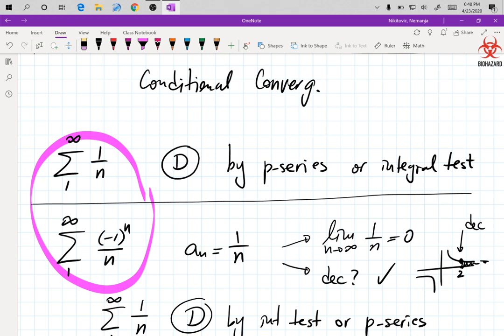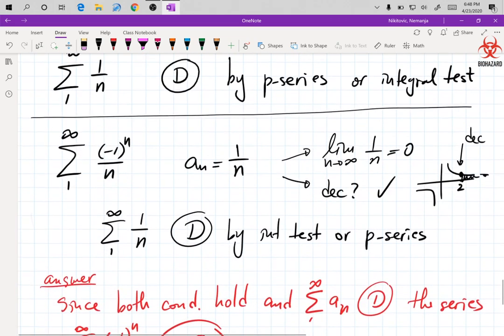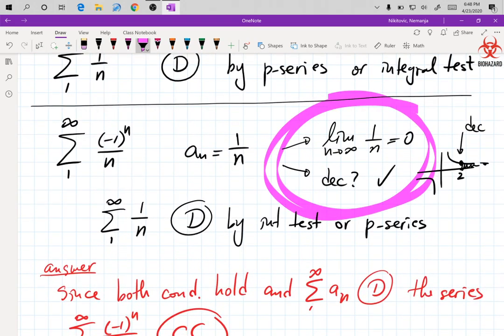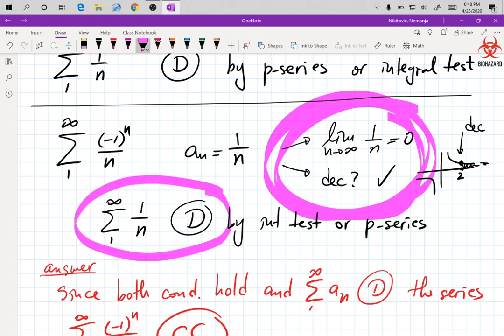The new creature of this lecture, apart from the tree, the pathway to do it, is this conditional convergence. And conditional convergence happens when the problem converges because it passed the two conditions, but the summation of a_n diverges, in which case we have a conditional convergence.